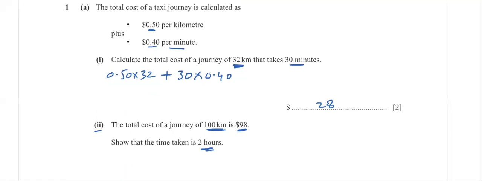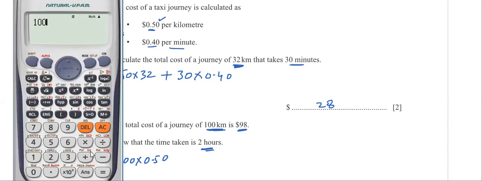So you have to prove that now. The journey is 100 kilometers. For 100 kilometers, we know each kilometer is 0.50. So what will be the cost for the 100 kilometers? 100 multiplied by 0.50.